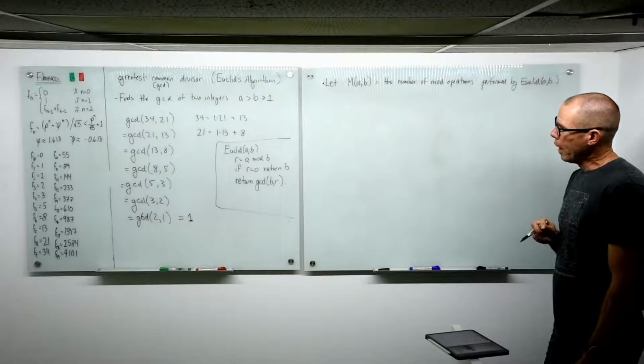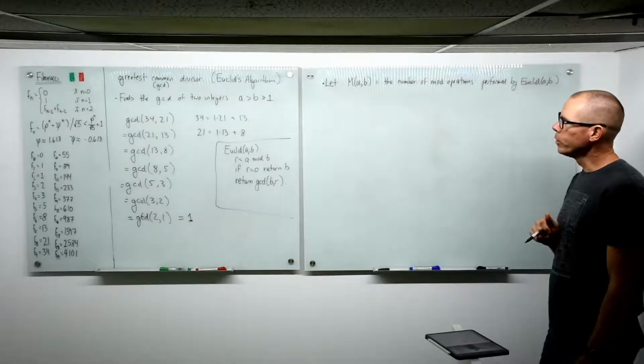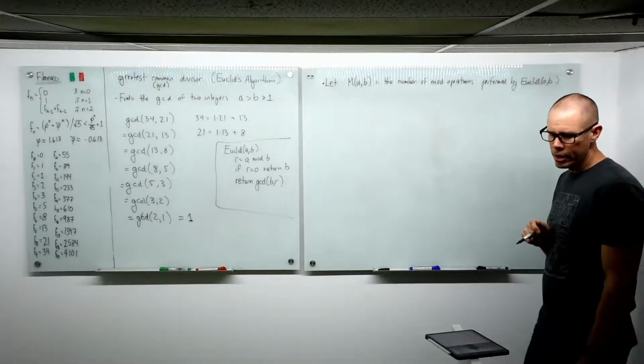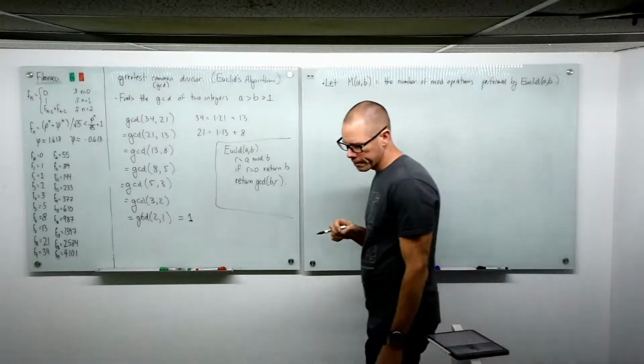Looks cool, but that just happens to be when you pick numbers that are Fibonacci numbers. Maybe there are bad numbers.